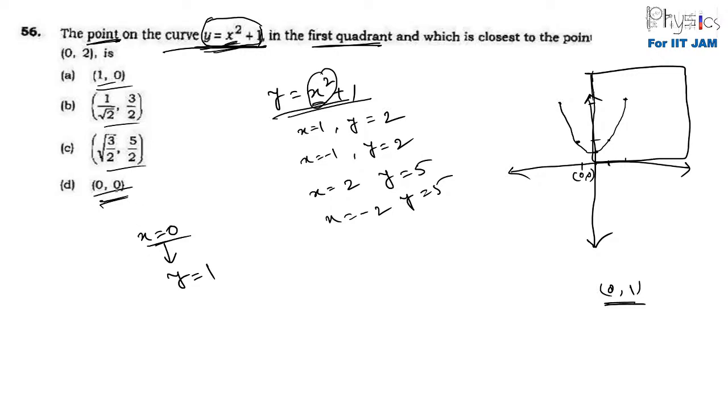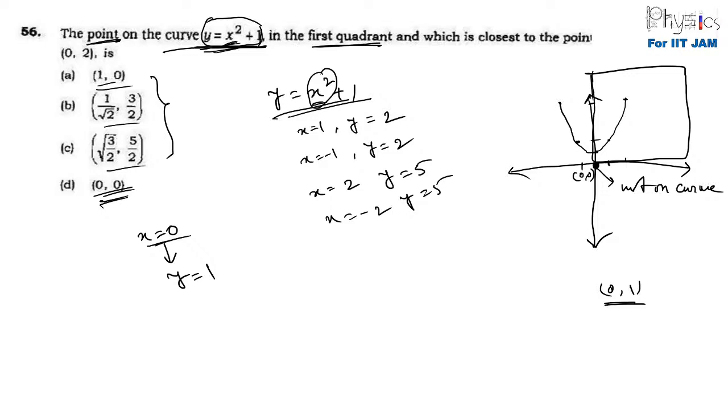So this (0, 0) point is not on this curve. Simply we can see, right, this point is not on this curve. Which points are on the curve? All these points are on the curve.